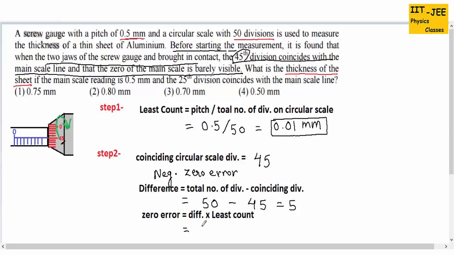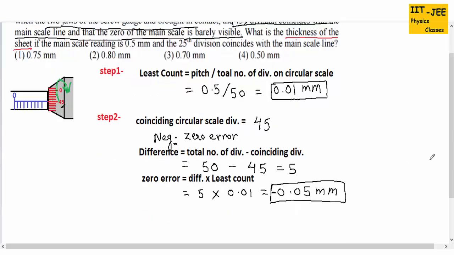So we have to multiply this number 5 by the least count, and the least count is 0.01 millimeter. That will give us 0.05 millimeter. As this is a negative zero error, we have to put the negative sign before this number, and so minus 0.05 millimeter is the negative zero error.